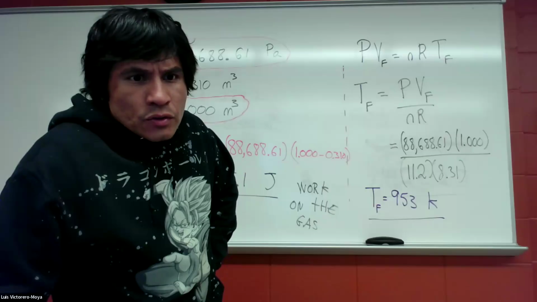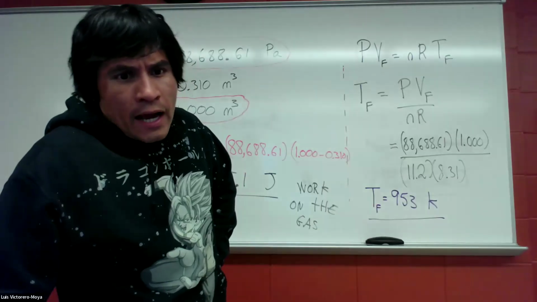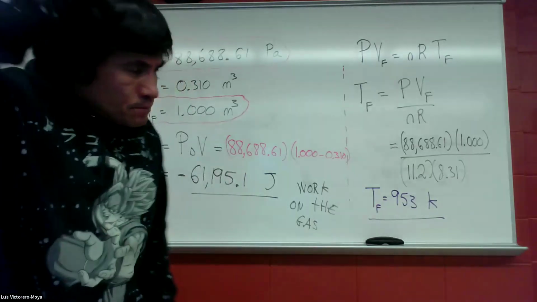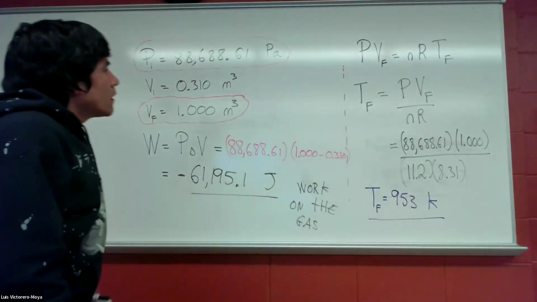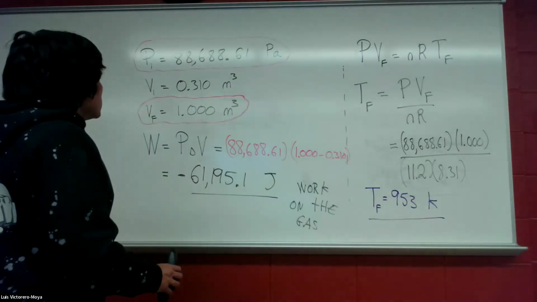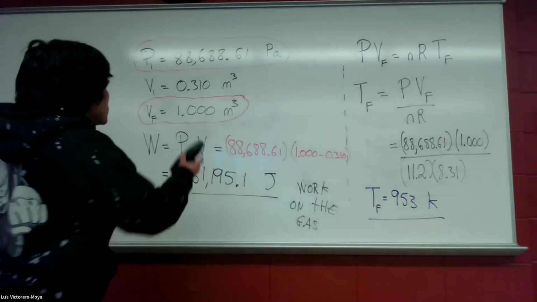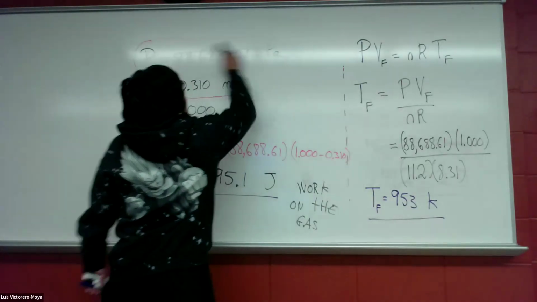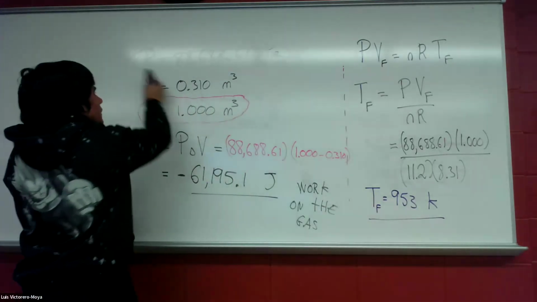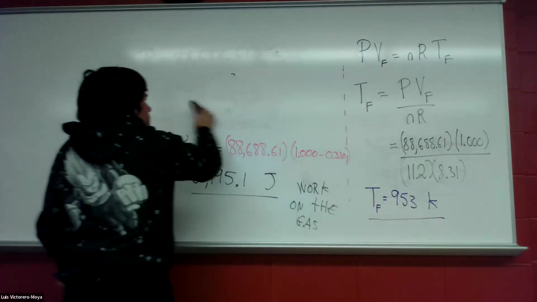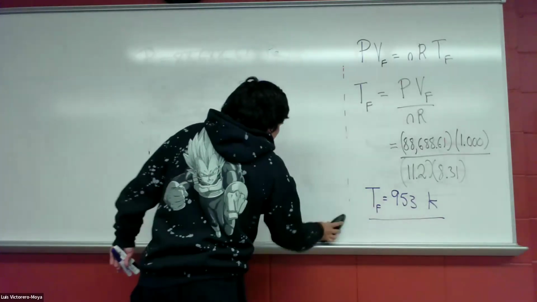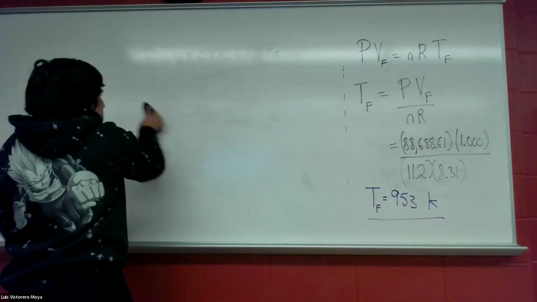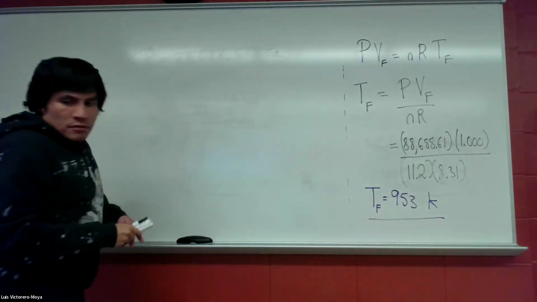So we can use 3 halves of nRT. All right, so let's erase this. You have the pressure value there. It's a monatomic gas, don't forget.